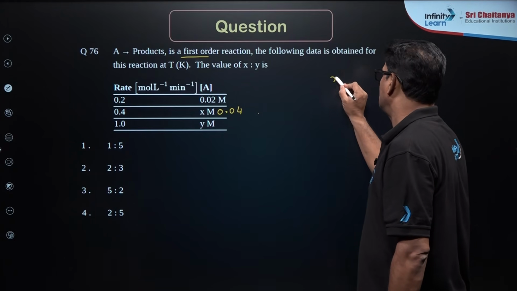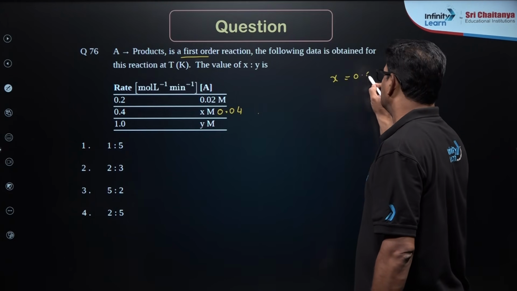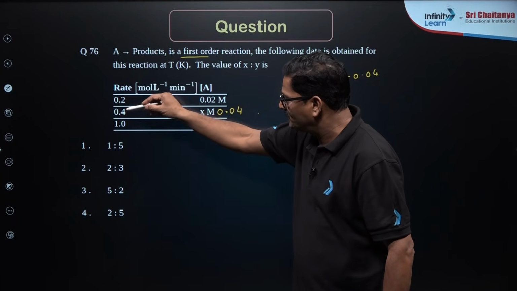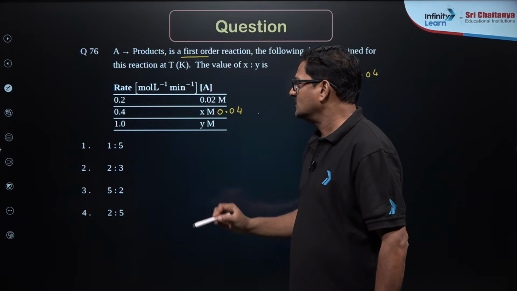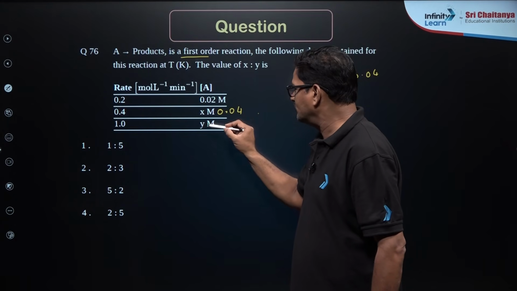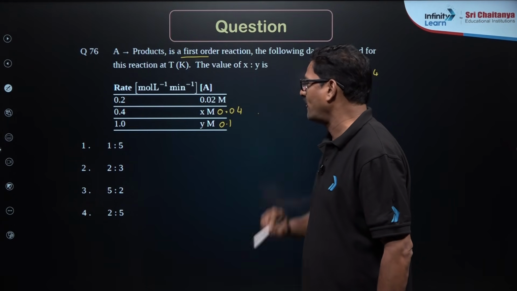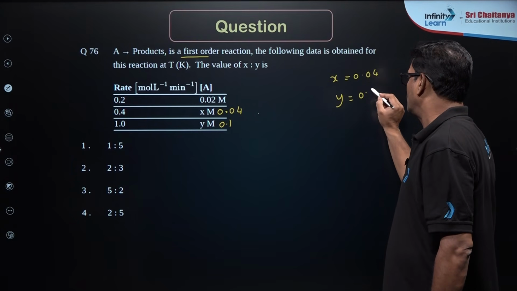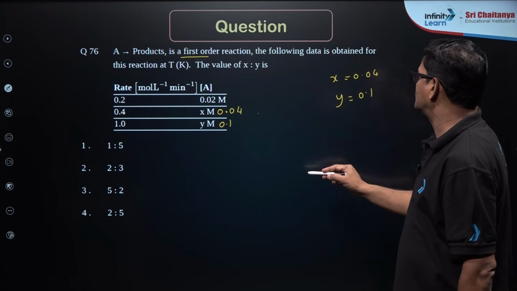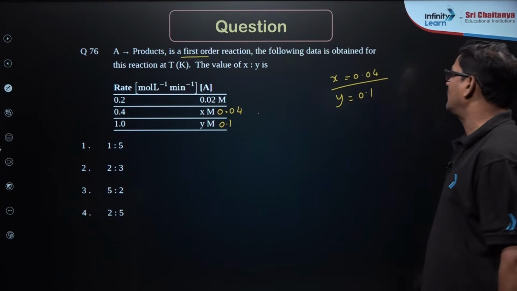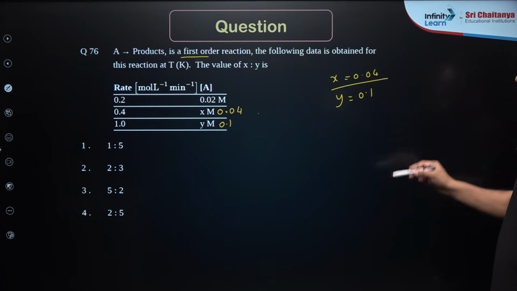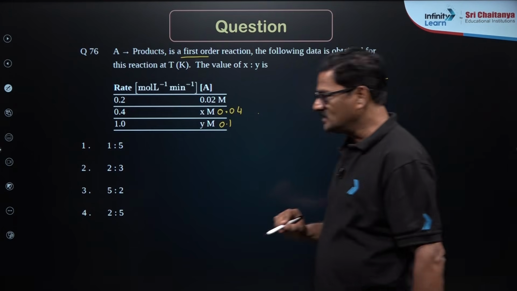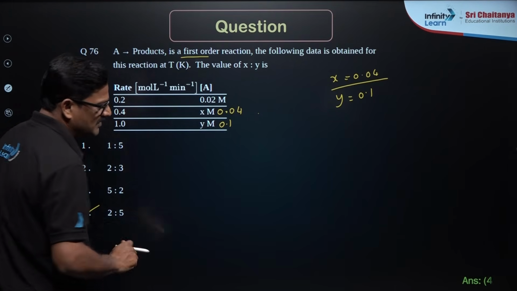So, X is going to be 0.04. And the rate is going to become 5 times. So 5 times of this is going to be 0.1. So, Y is going to be 0.1. So, X is to Y is going to be 0.04 upon 0.1, which comes to be 2 is to 5. Option 5 is the correct answer.